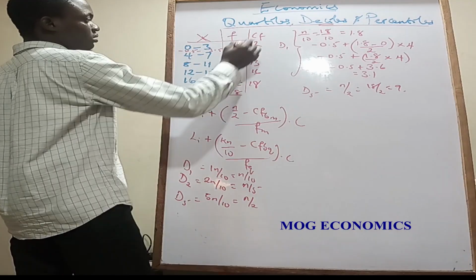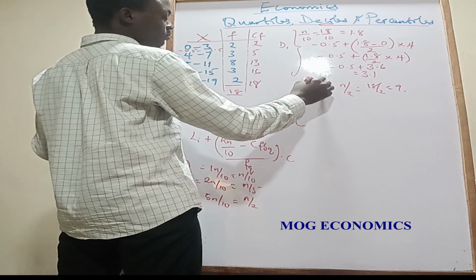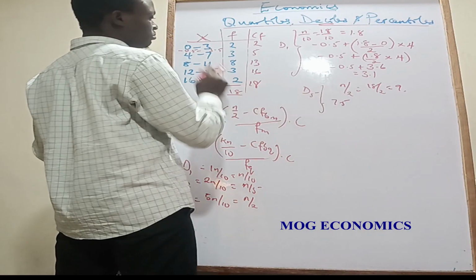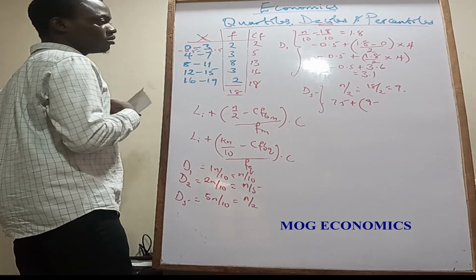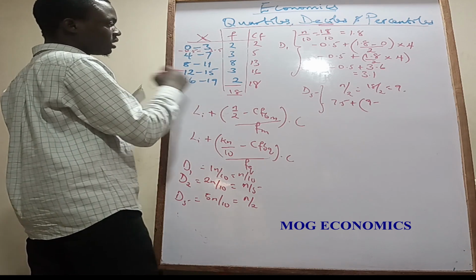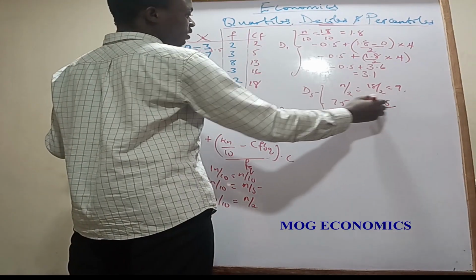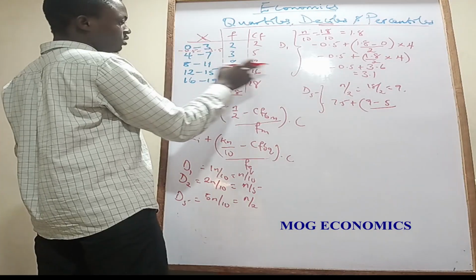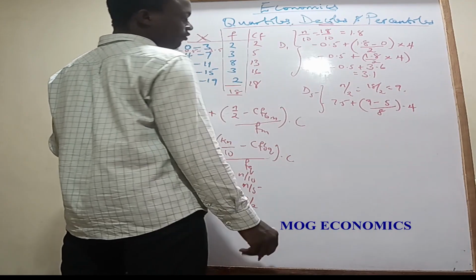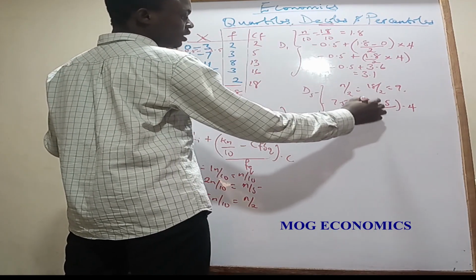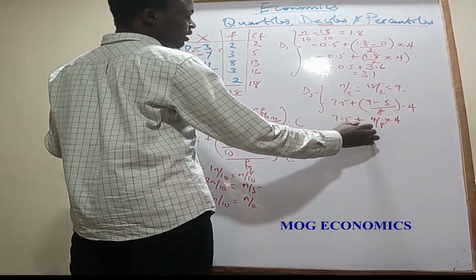So what's the lower class boundary there? For 9, that's going to be 7.5. So we are going to have 7.5 plus 9 minus the cumulative frequency before the fifth decile, which is 5, over the frequency of the fifth decile class, 8, multiplied by 4. 7.5 plus 4 over 8 times 4 equals 9.5.